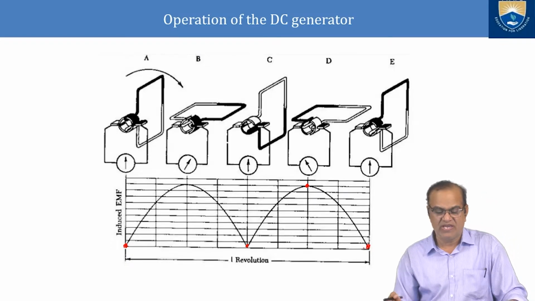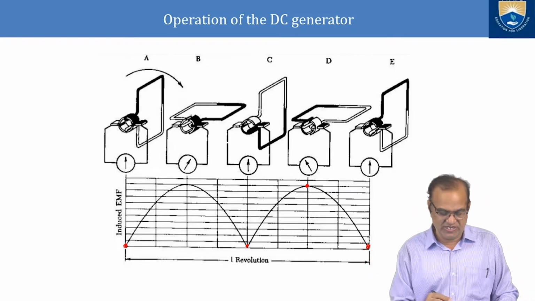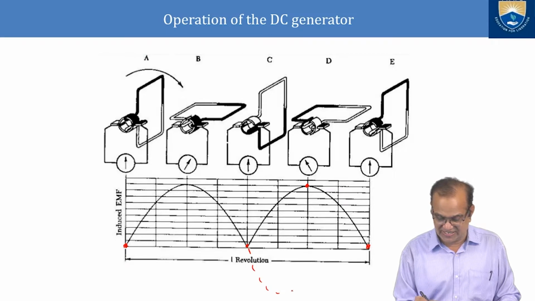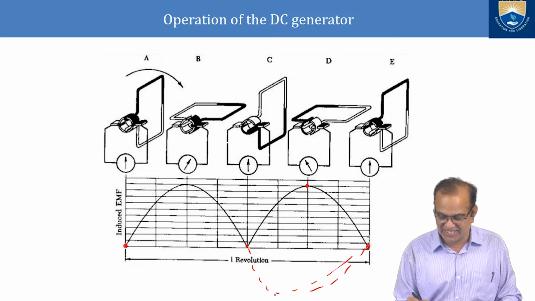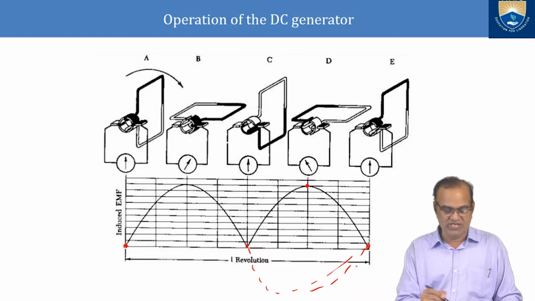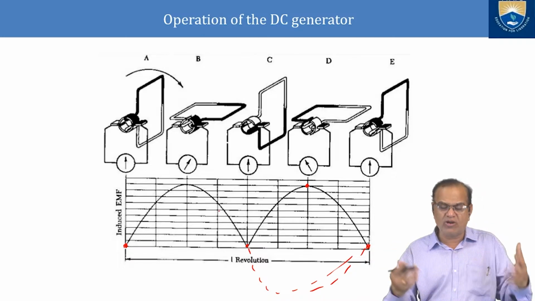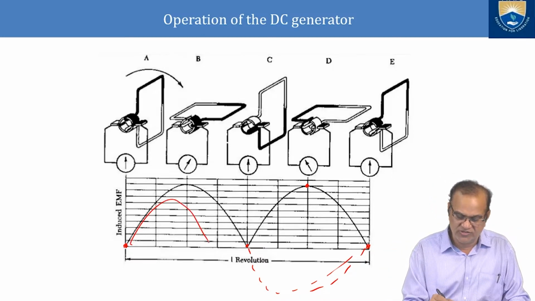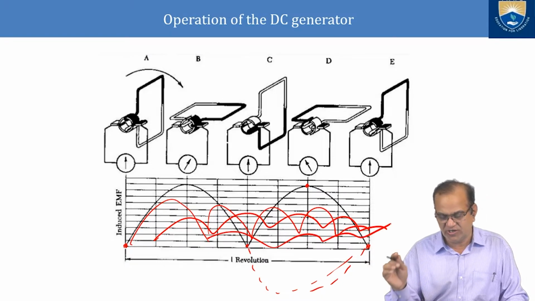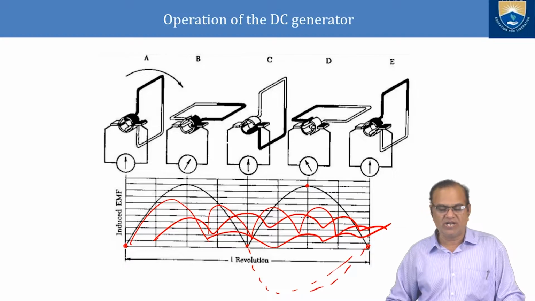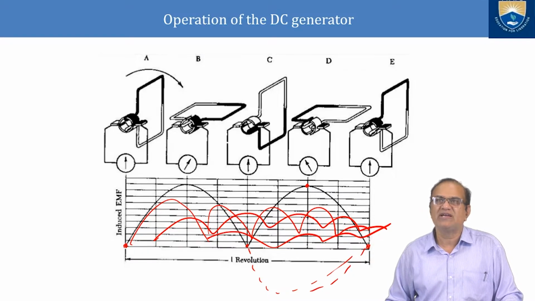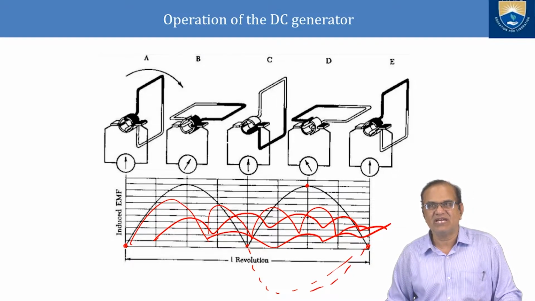Like this, the current flows in only one direction. If it went in the other direction, it would become AC. If we have a greater number of coils, the output becomes very smooth. So that is the operation of the DC generator of the aircraft.